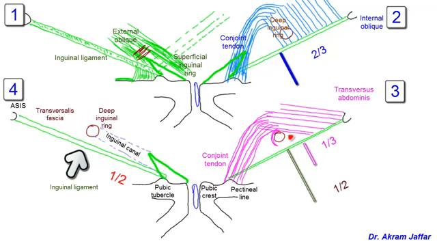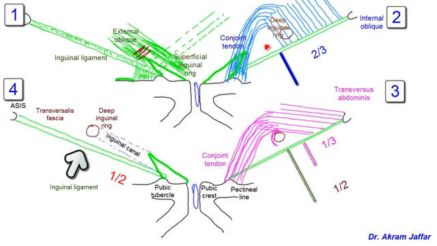The roof of the inguinal canal is produced by these arching fibers of the transversus abdominis muscle and the internal oblique muscle. These fibers arch from anterior to posterior. They form the roof. They form also the posterior wall of the canal.